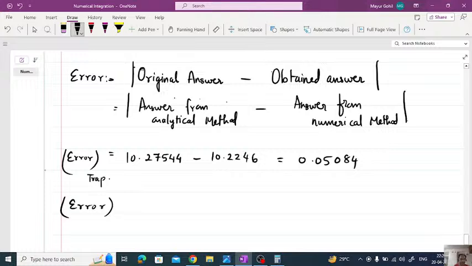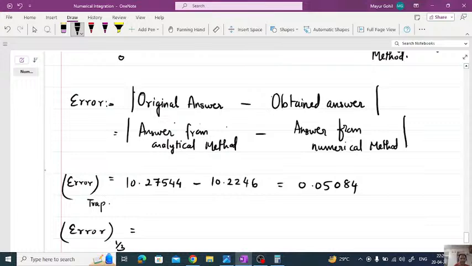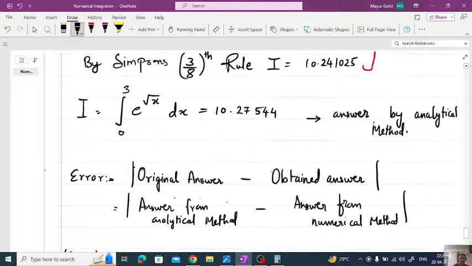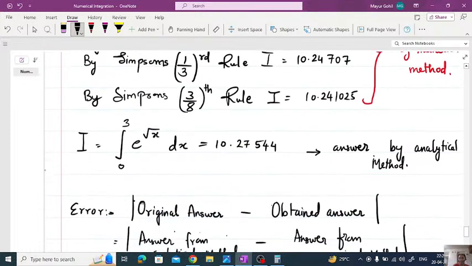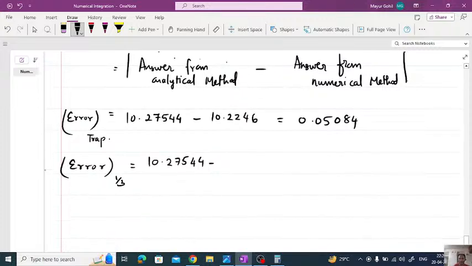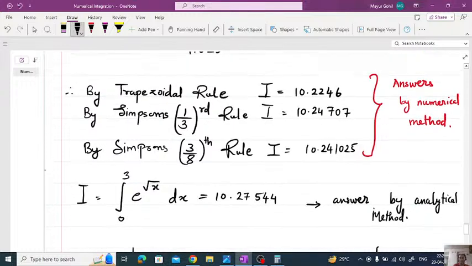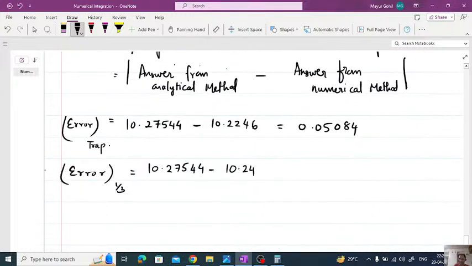Then error for Simpson's 1/3 method, what is the error that you will get? 10.27544 minus 10.24707.